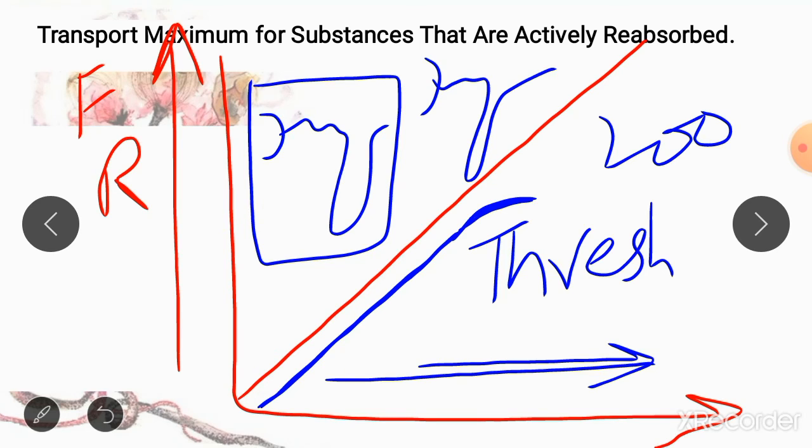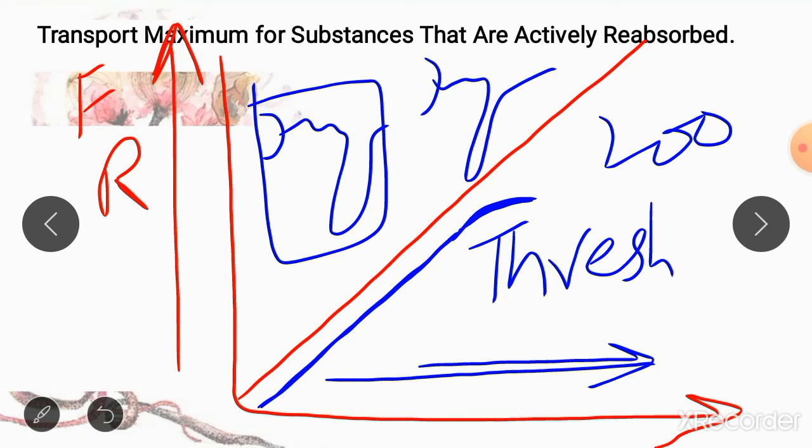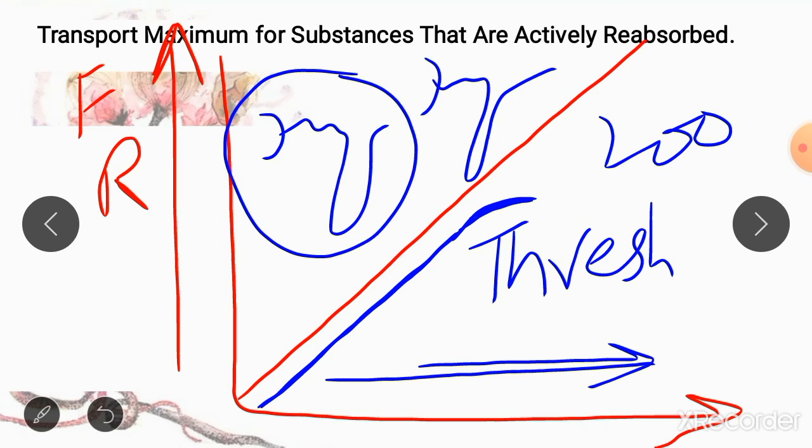So these nephrons which have lesser threshold start secreting glucose in the urine, while the rest of your nephrons are still reabsorbing glucose. So because of these leaky nephrons, your reabsorption is now not equal to your filtration, and this happens when glucose reaches a concentration of 200 milligrams in your plasma.